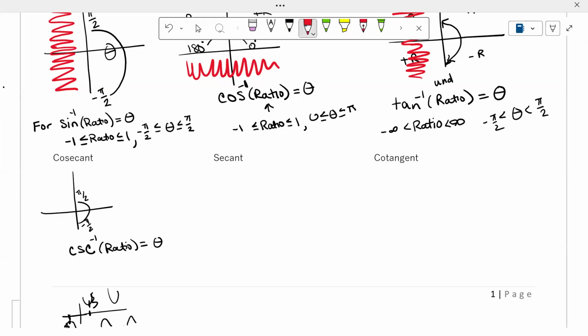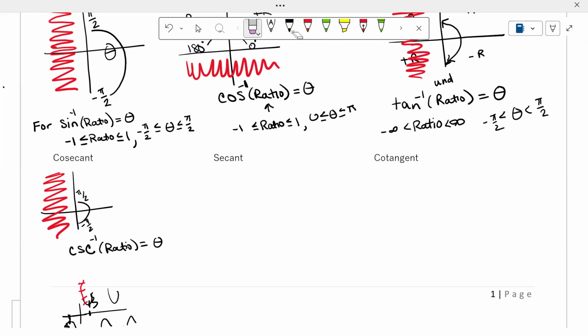Okay. And then let's talk ratios. Well, if the ratios for sine went from -1 to 1, the ratios for cosecant is anything greater than 1 or anything less than -1. And I should add an "or equal to." Okay.